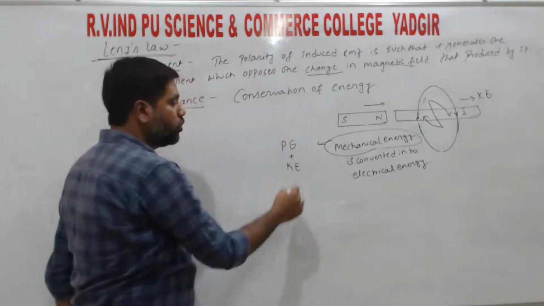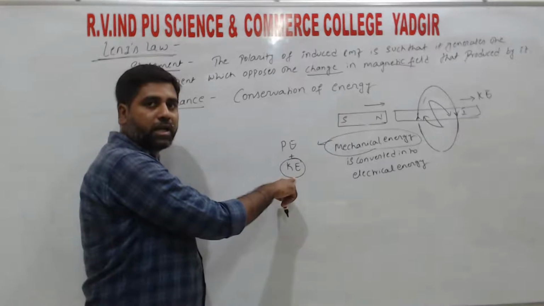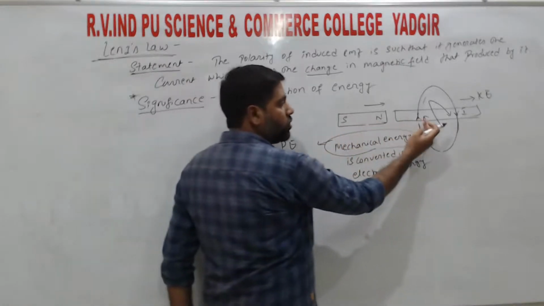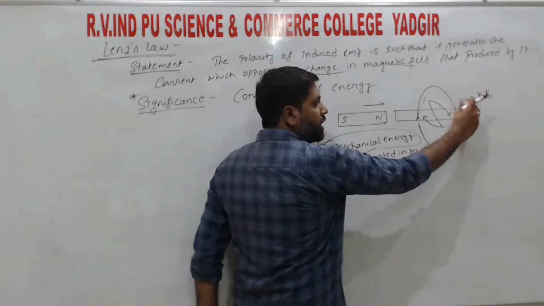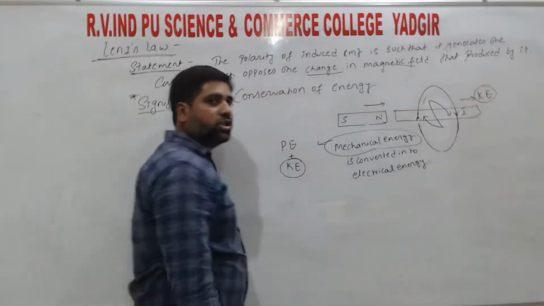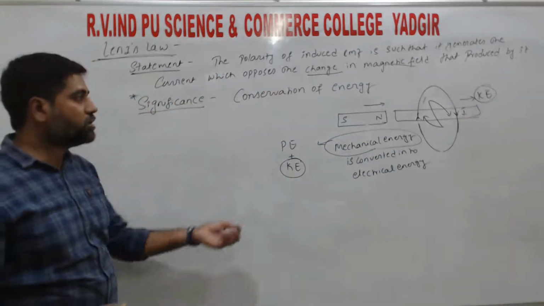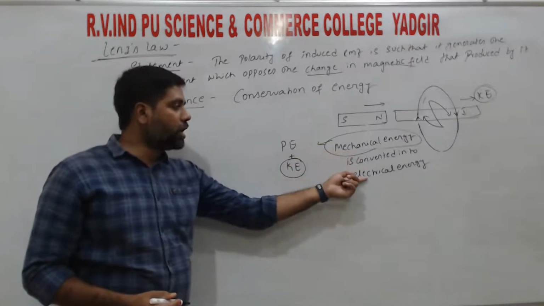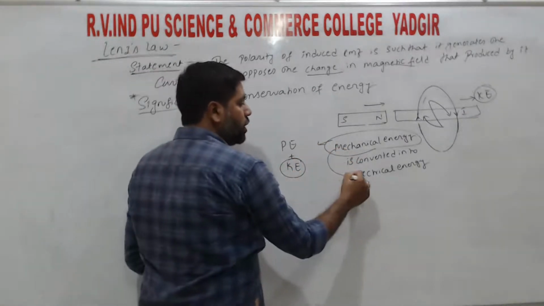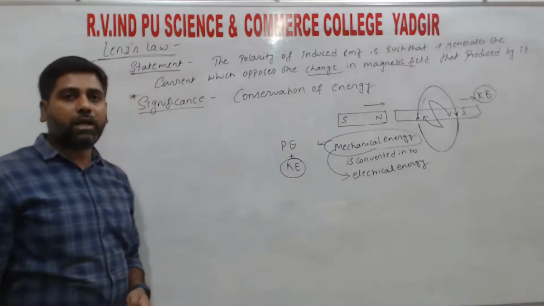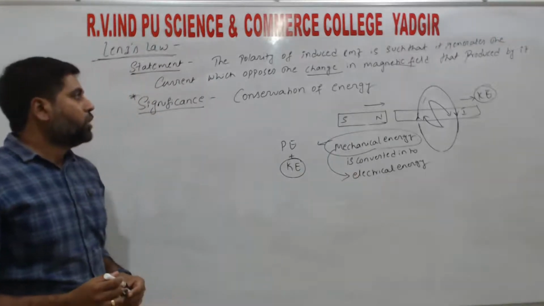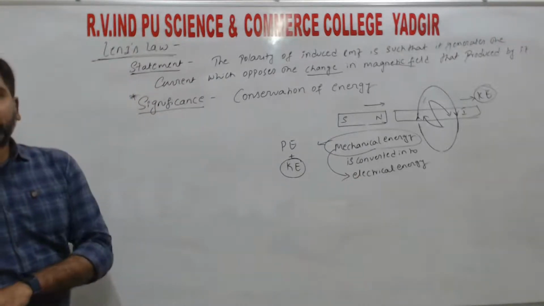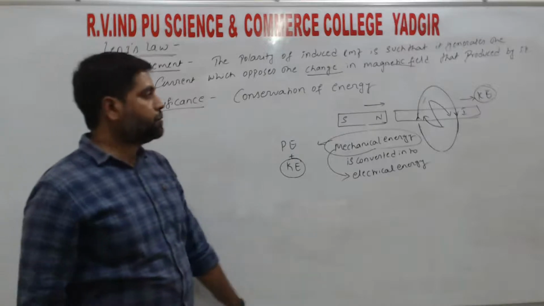As the magnet is moving, it initially has some kinetic energy, and as it approaches near the coil it attracts and again gains. So there is no change in energy, that means there is no conversion of energy, right? Here we need conversion of energy, that is from mechanical to electrical, right? So this is about Lenz's law, right?